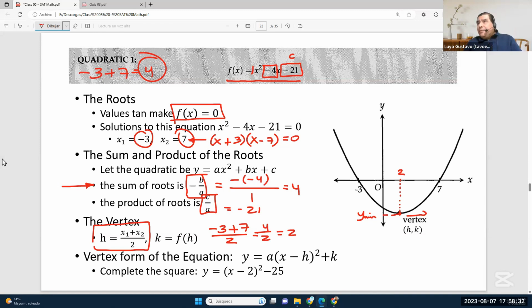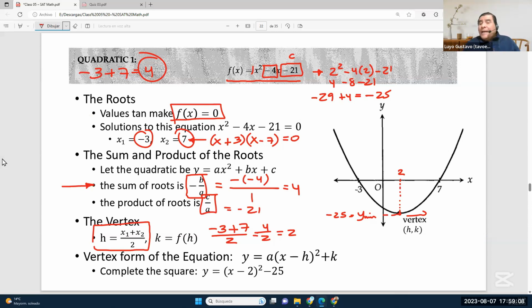So here, if we substitute 2 where X goes, 2 squared minus 4 times 2 minus 21, this is 4 minus 8 minus 21. Negative 29 plus 4 equals negative 25. And this value here would actually be negative 25. Okay? So that's the way you calculate the vertex.